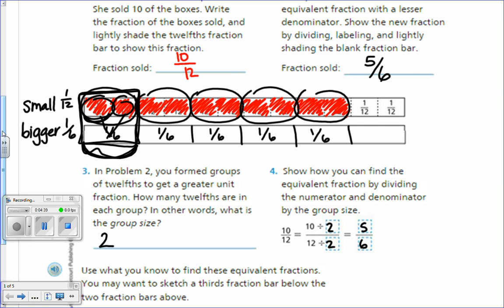Okay, this is 1/12. Smaller to bigger. You're grouping the smaller ones into bigger pieces. Okay, that's the most important thing.